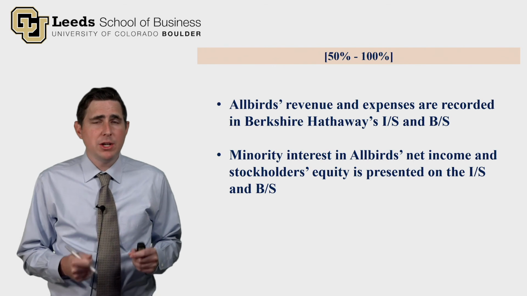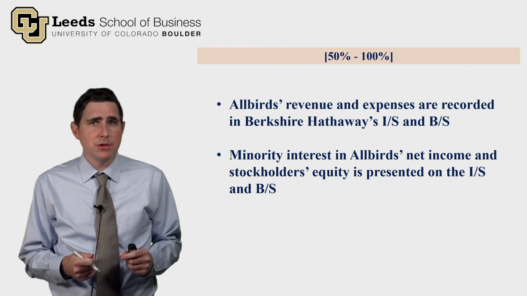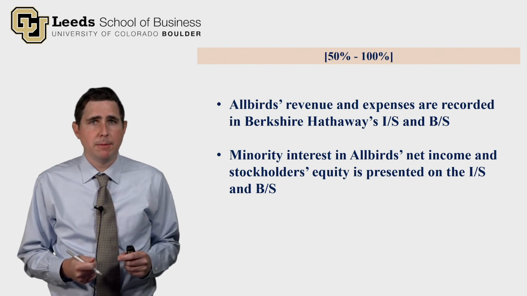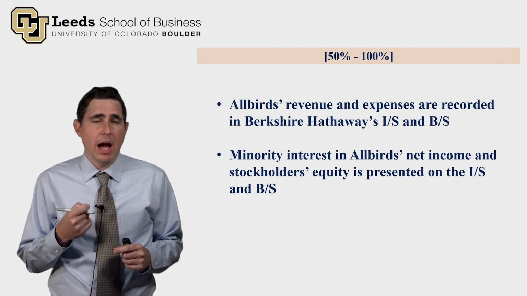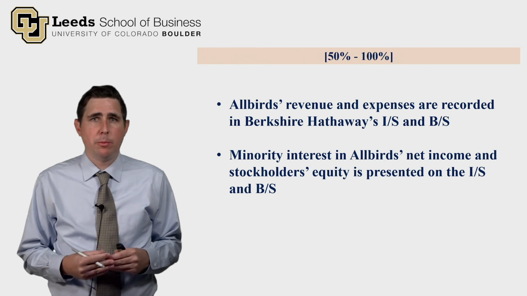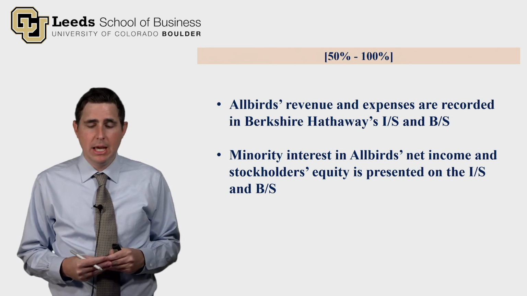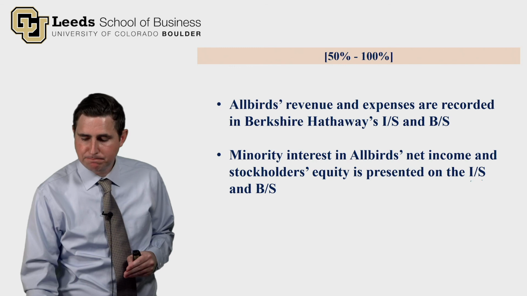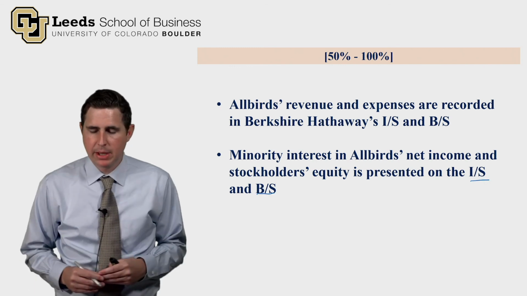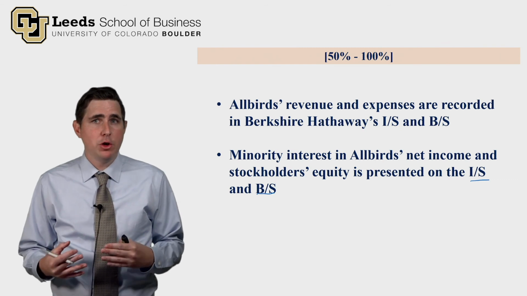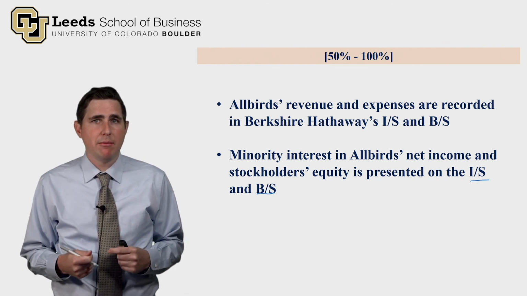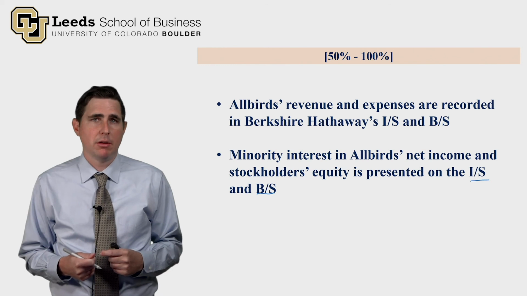But that minority interest is always going to show up on the balance sheet, and it's a signal to investors so that they know that our company doesn't own 100% of those assets and liabilities. It'll also show up on the income statement. It'll show up on the income statement to say, well, Allbirds had a lot of revenue, but we don't own 100% of that revenue. That's what the minority interest is going to tell an investor.